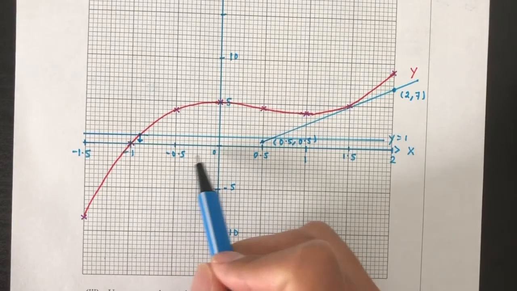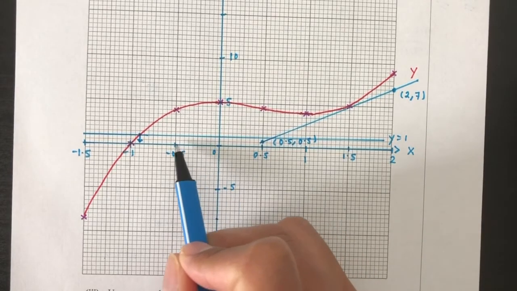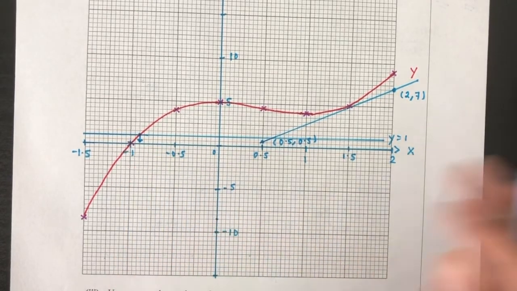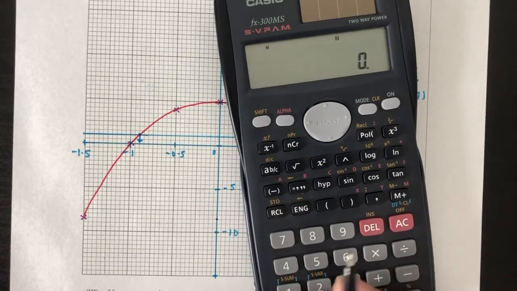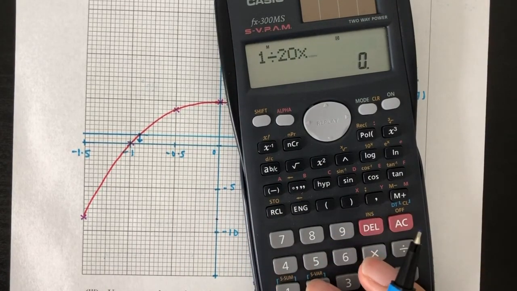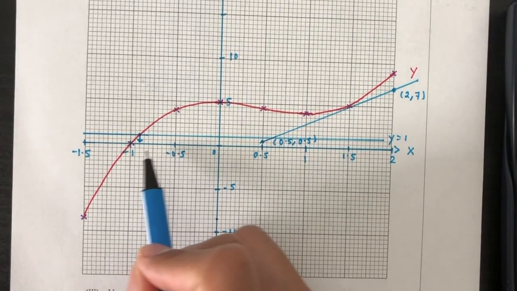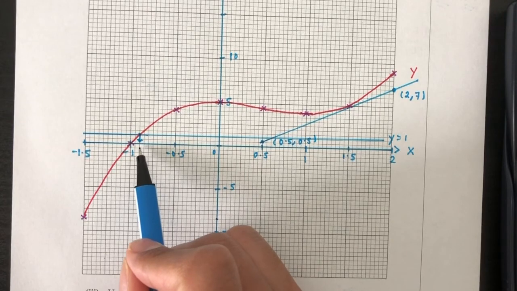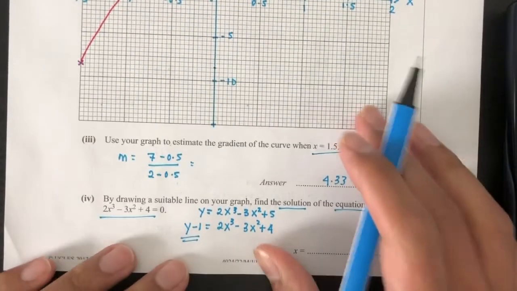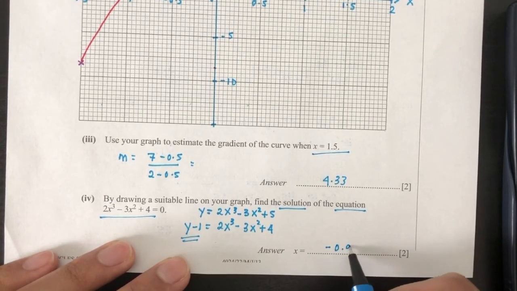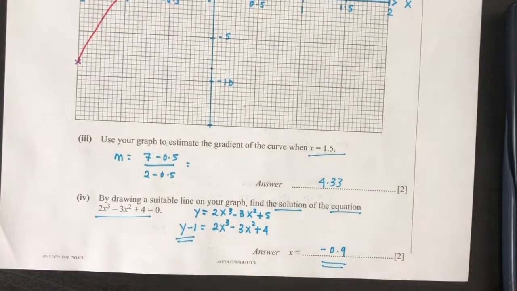So we know that 4 centimeters, which is 20 squares, is 1 unit. So what is 2 squares? So 1 unit is 20 squares, times 2 squares, that will be 0.1. So this will be minus 0.9. 0.9 for the value of x.